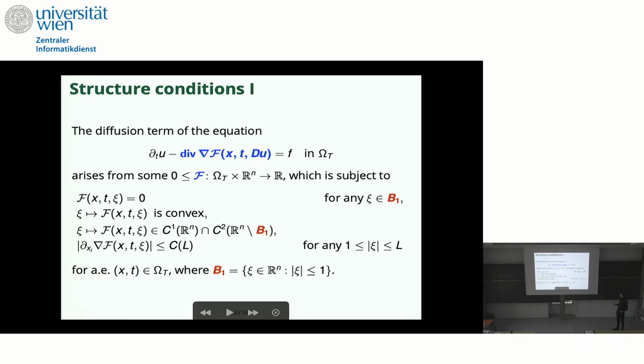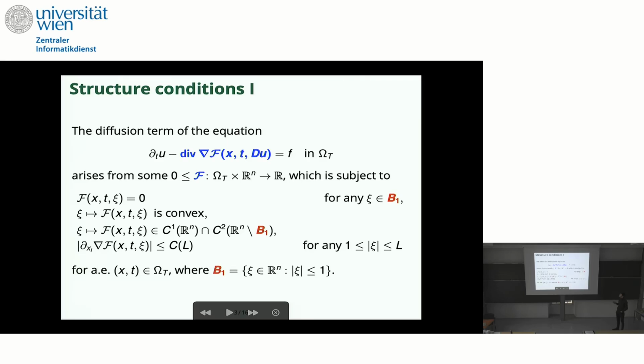Moreover, we require that F is convex with respect to the gradient variable. Also with respect to the gradient variable, we need C1 regularity everywhere, in particular at the unit sphere. And we need C2 regularity, at least if we stay away from the unit sphere. Within the unit ball, F is 0 there, so it's obvious. And we need it outside, but the C2 regularity may break down at the unit sphere.